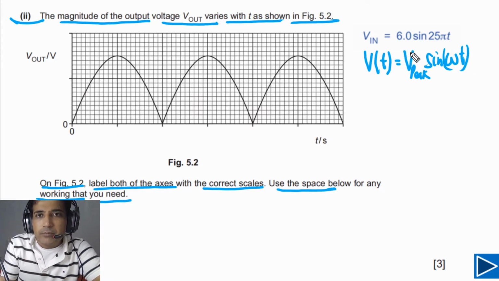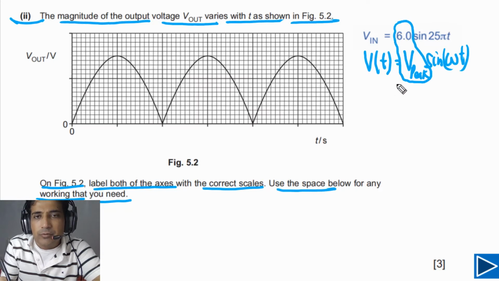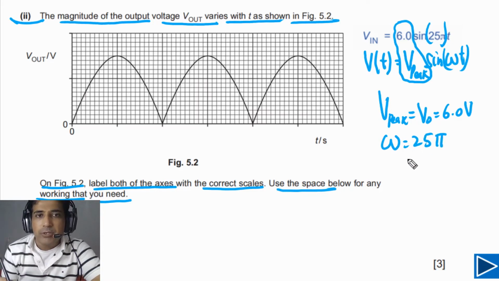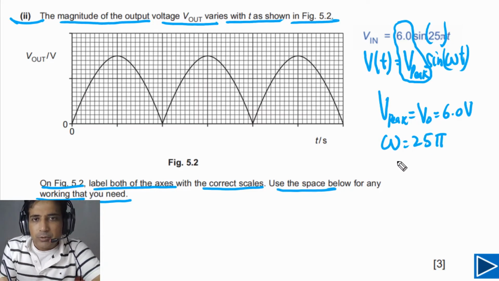Now from here we can find the peak value of the voltage. V peak is equal to V naught, and V naught is equal to 6.0 volts. Omega in this case is equal to 25 pi. We need to find the time period. So omega is equal to 2 pi over time period.